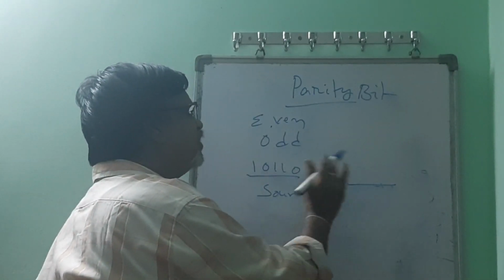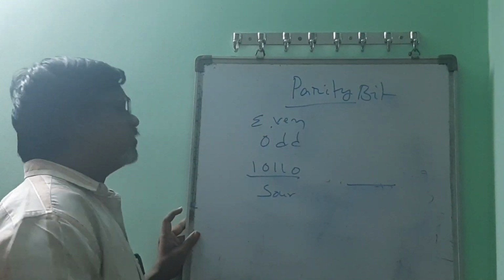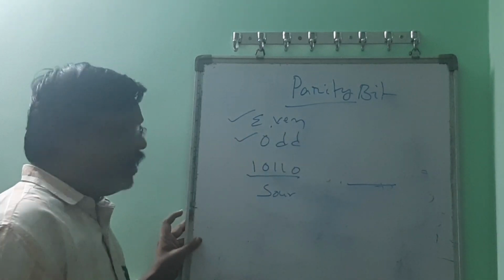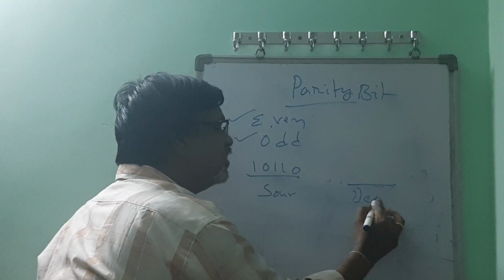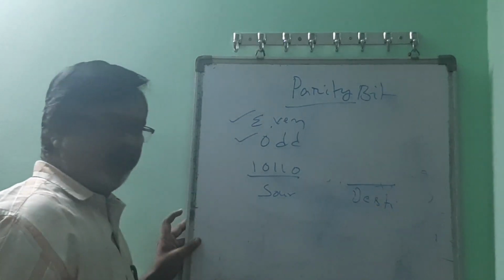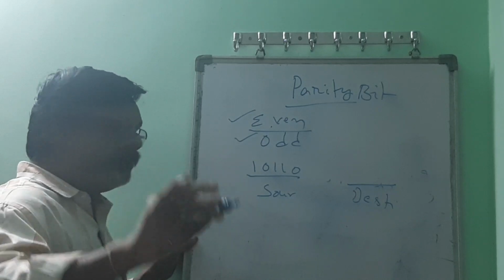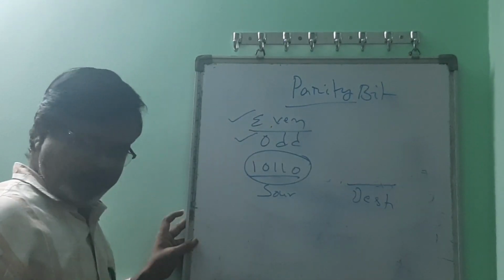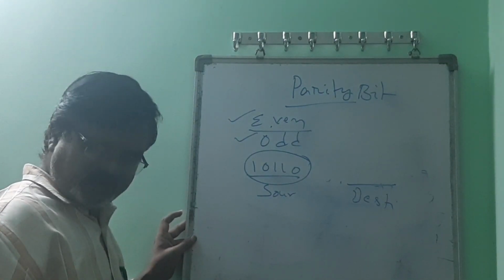We need to check whether the same number is transmitted. For that purpose, we use either the even parity or odd parity method. But whichever parity method we use, both the source and destination should know it well. If they follow the even parity method, whatever data you send must contain an even number of ones.